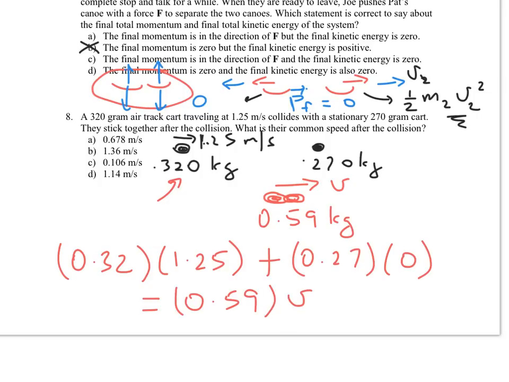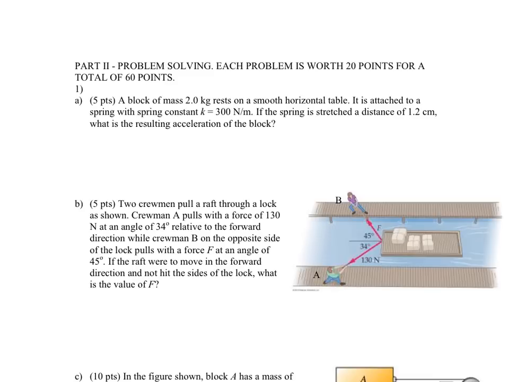So you have only one unknown here, and if you use your calculator and work out what v is, it works out to be 0.678 meters per second.